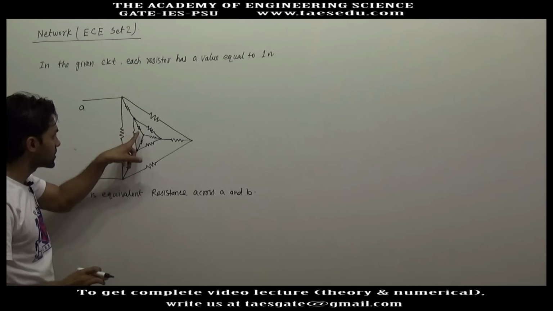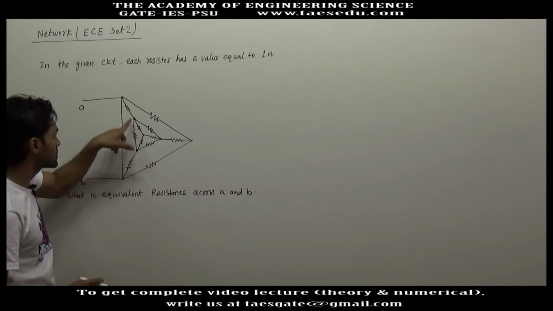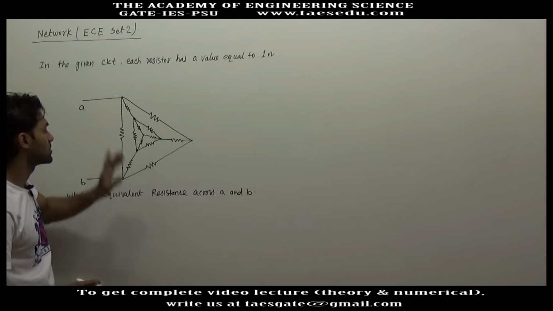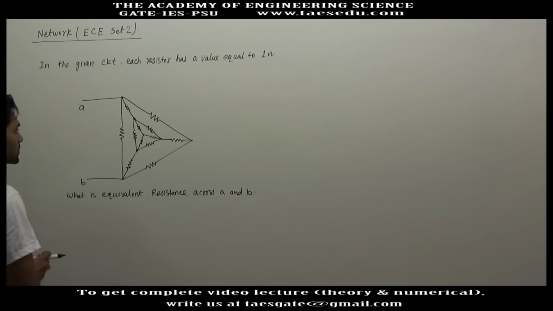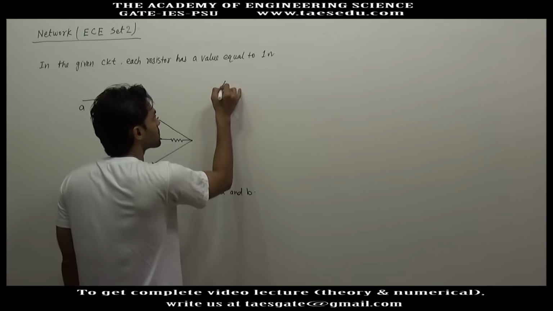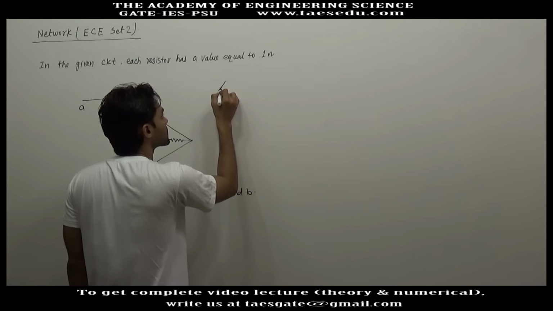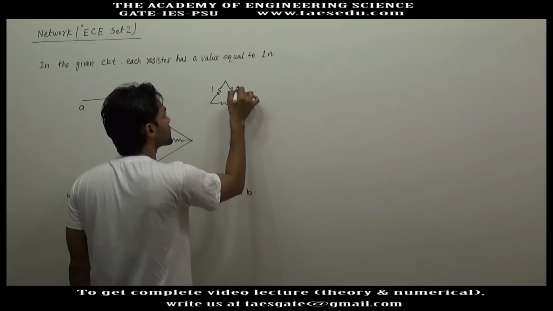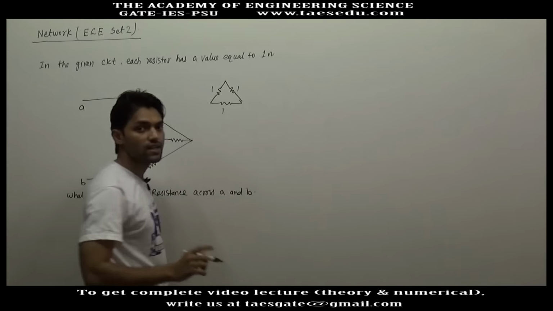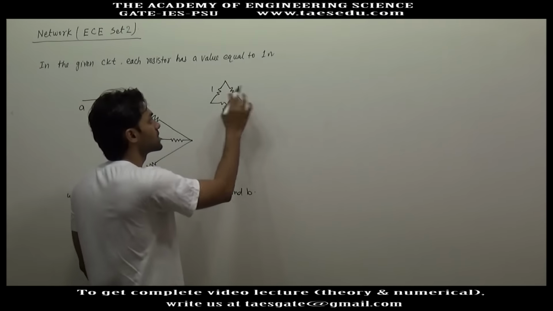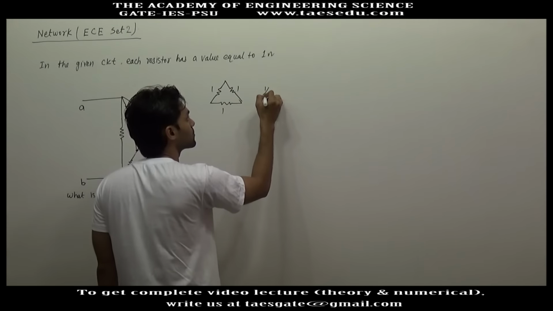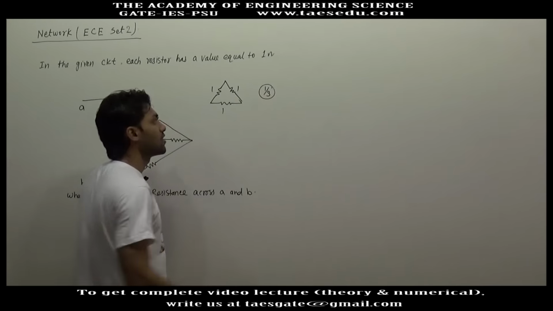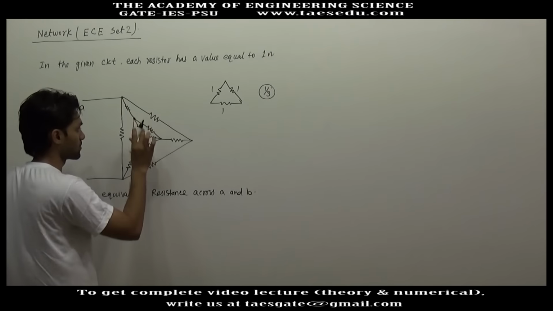Now when you connect it in a star, this resistance and the outer resistance will be in series. In case of a delta connection, if all the resistances are equal, all 1 ohm, when you convert to a star connection all the resistances will be divided by 3. So all the resistances will be 1 by 3 in case of star.